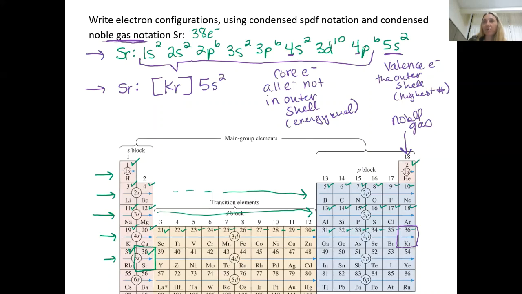So in krypton, there would be 8 valence electrons. Okay, you're just looking for the highest number. Any other questions on this? I kind of just dove right in and did a really big one.